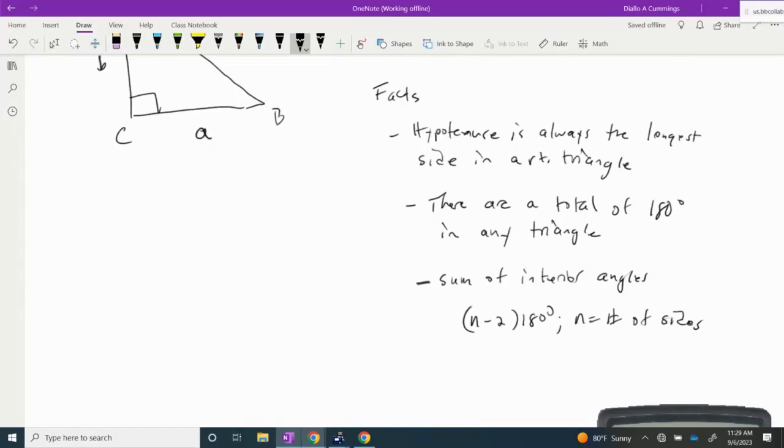A triangle has 3 sides. 3 minus 2 is 1. 1 times 180 is 180.